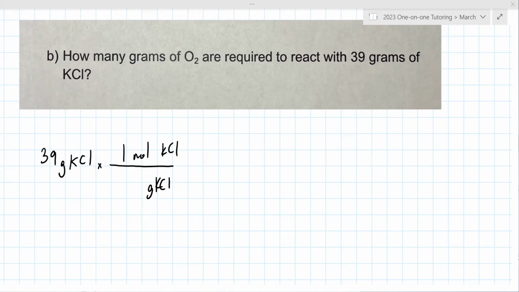And it's 1 mole of KCl, right? It's always 1 mole of the molecule that we're trying to get. Okay. KCl.